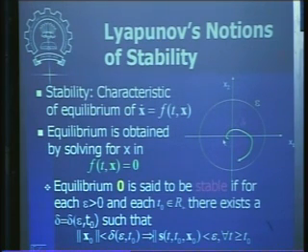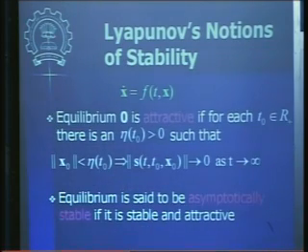If it leaves, then in the sense of Lyapunov it is not stable, but if it does not leave, then it is stable, and that is valid for all such points in this delta neighborhood of the origin. In other words, if your system is at equilibrium and you perturb it a little bit, it will not go wild; it will contain itself within some limits. That is the notion of stability.